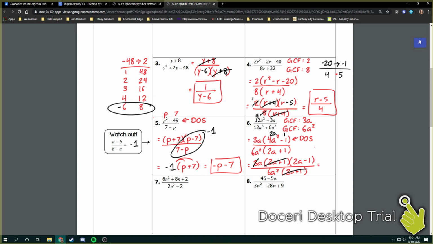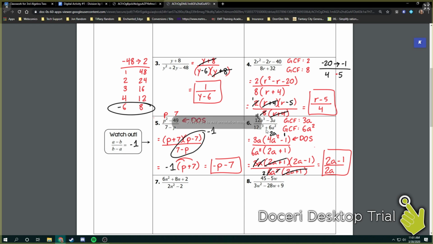Then also the 3 and the 6 can reduce, and the powers of a can reduce as well. So in our numerator, we're left with 2a minus 1, and in our denominator, 2a, yeah, just 2a. There we go.